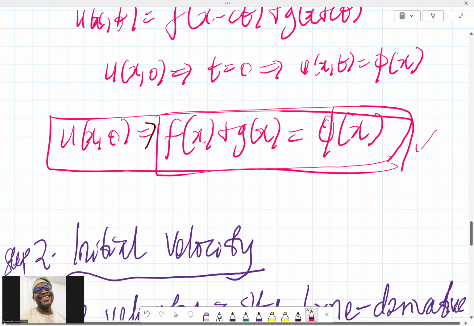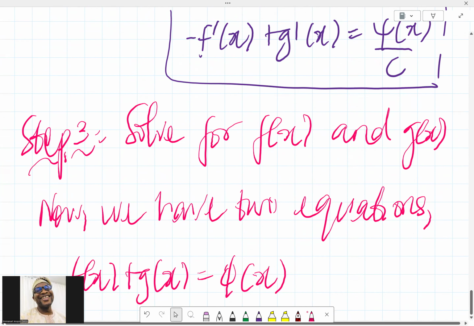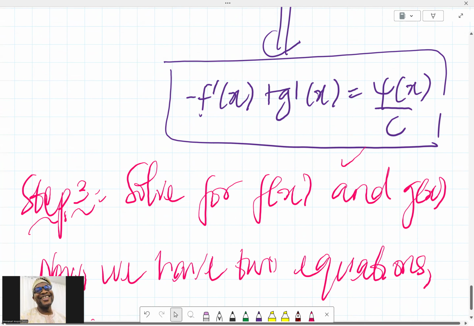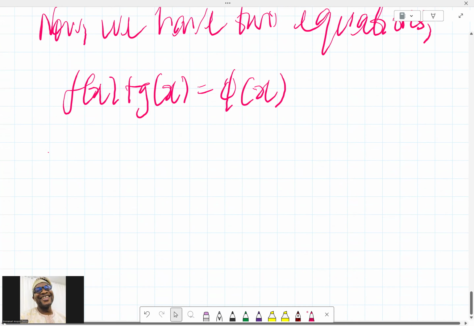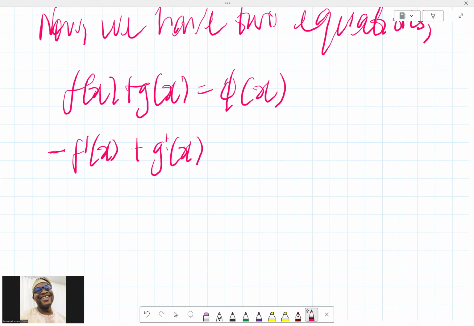Then the other one is minus f prime of x plus g prime of x equals psi of x all over c. So we have these two equations.